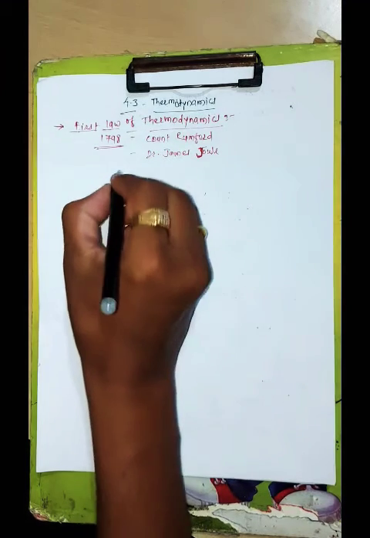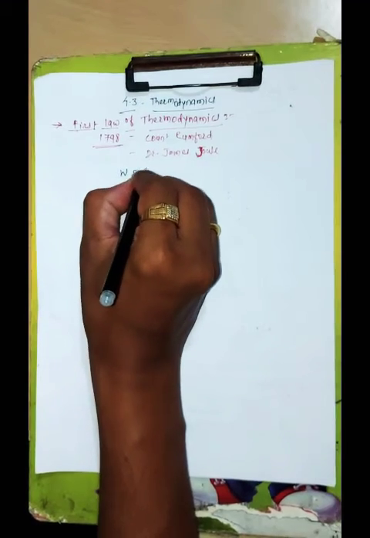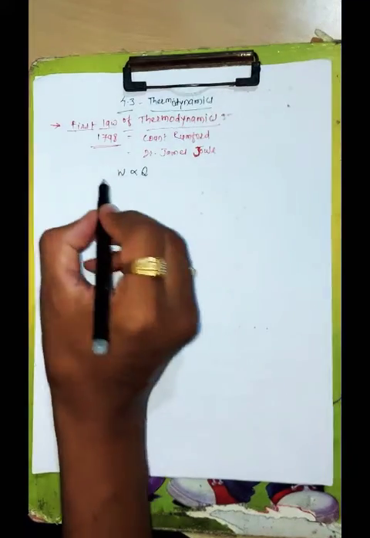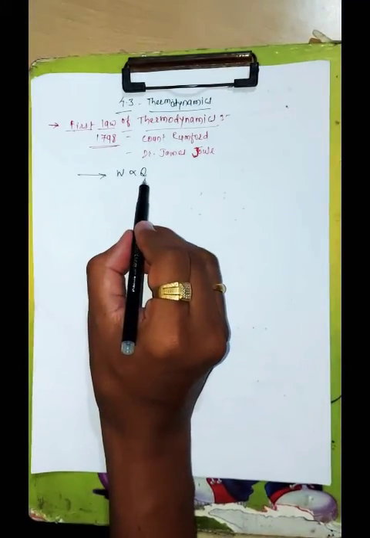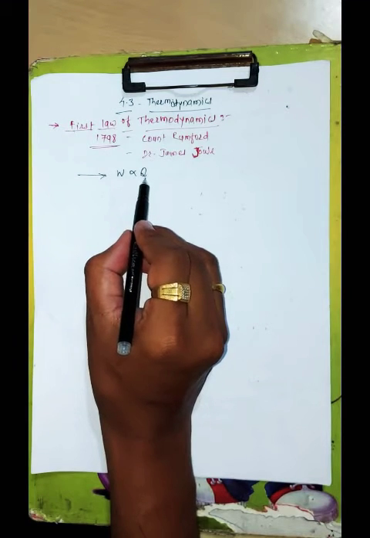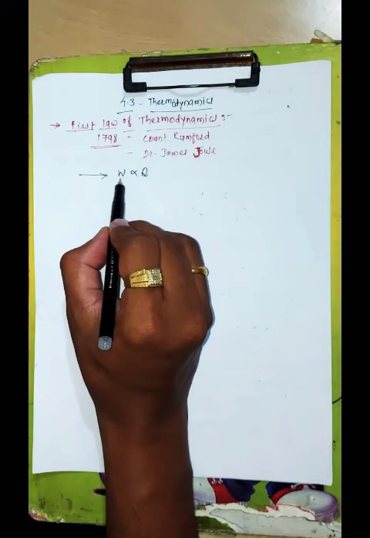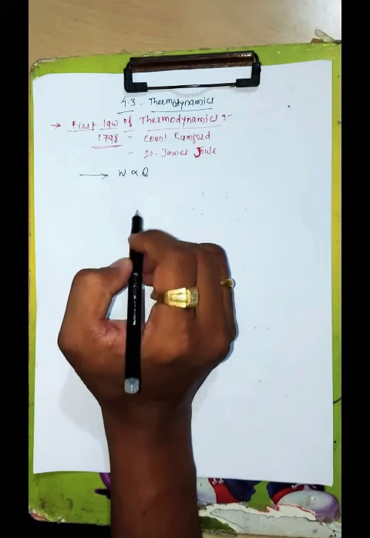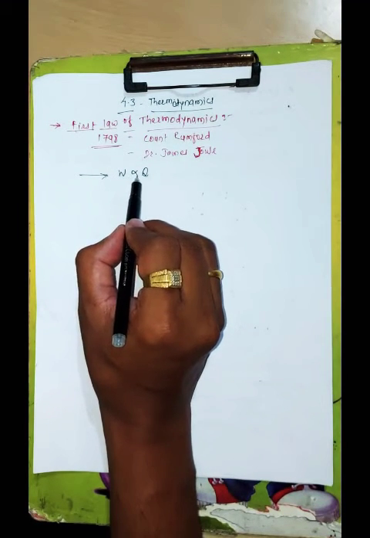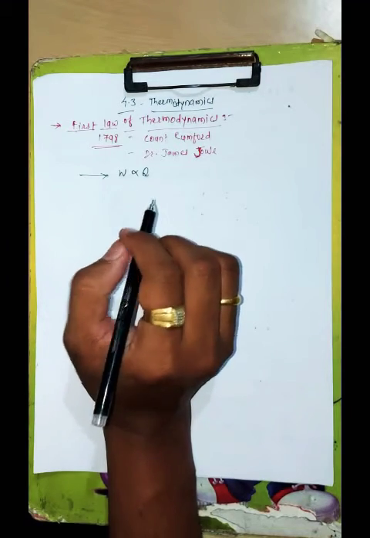That means if W is the amount of work done and Q is the quantity of heat produced by that system, then we can show the relation as W is directly proportional to Q. The amount of work done should be directly proportional to the amount of heat produced.